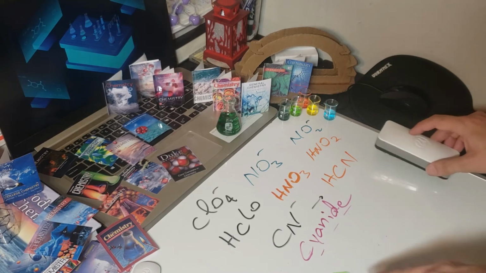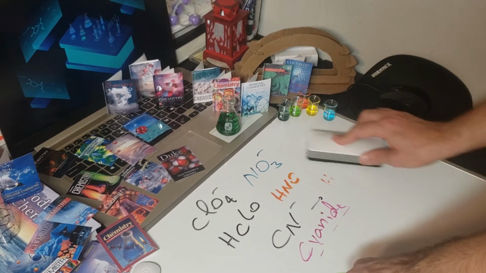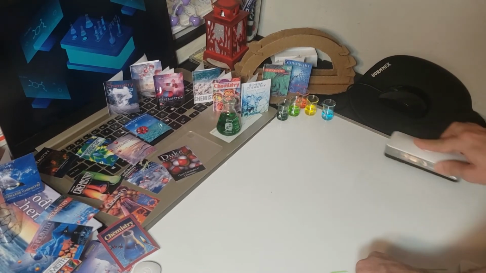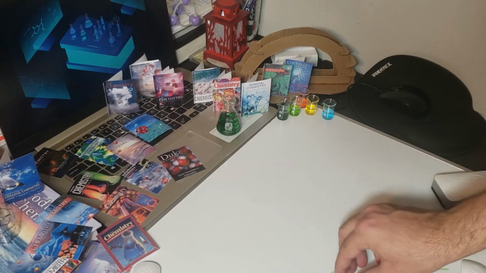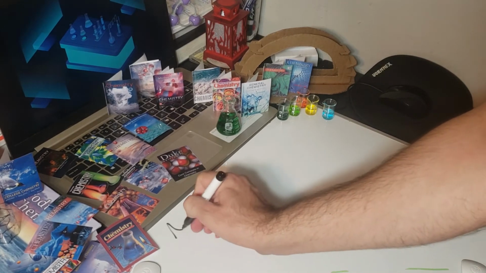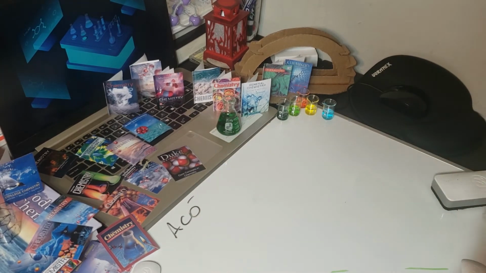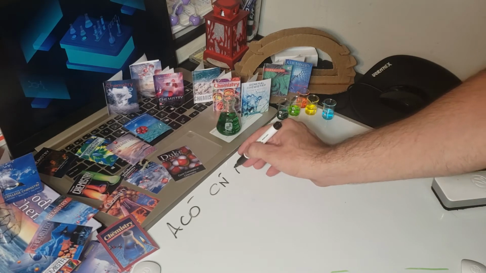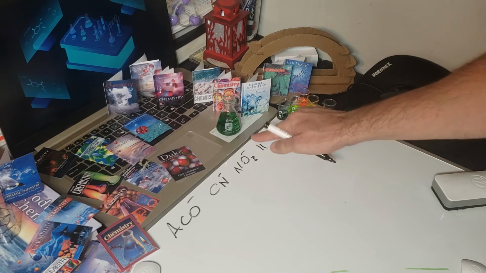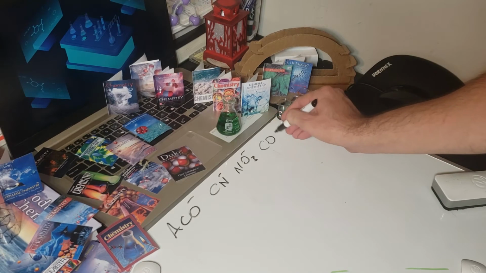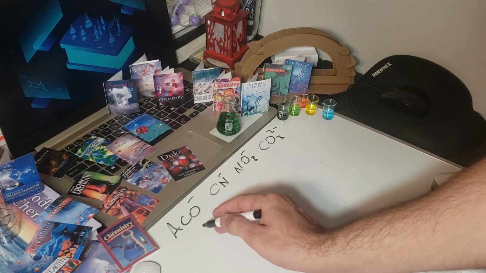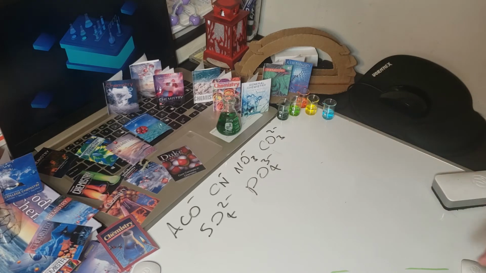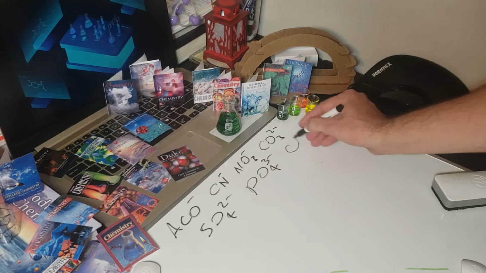Now there are 7 of them that are crucial, and I'm going to write it down one more time real quick, because based on those and those suffixes and prefixes that we talked about, you could just know what kind of things. CH3COO minus, that is acetate, and if you add a proton, that would be acetic acid. CN minus, CO3 double minus, carbonate, NO3 minus, nitrate, SO4 double minus, sulfate, and PO4 triple minus, phosphate, and also ClO3 minus.